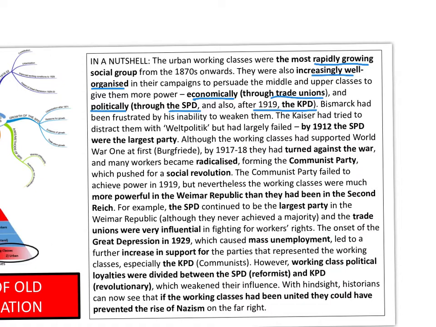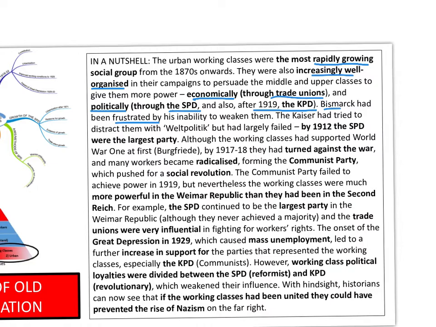Now, Bismarck, going back to the 1870s and 1880s, had been frustrated because he had tried to deal with the trade unions and the SPD. So Bismarck was very much frustrated by his inability; we'll look at the detail in a second.